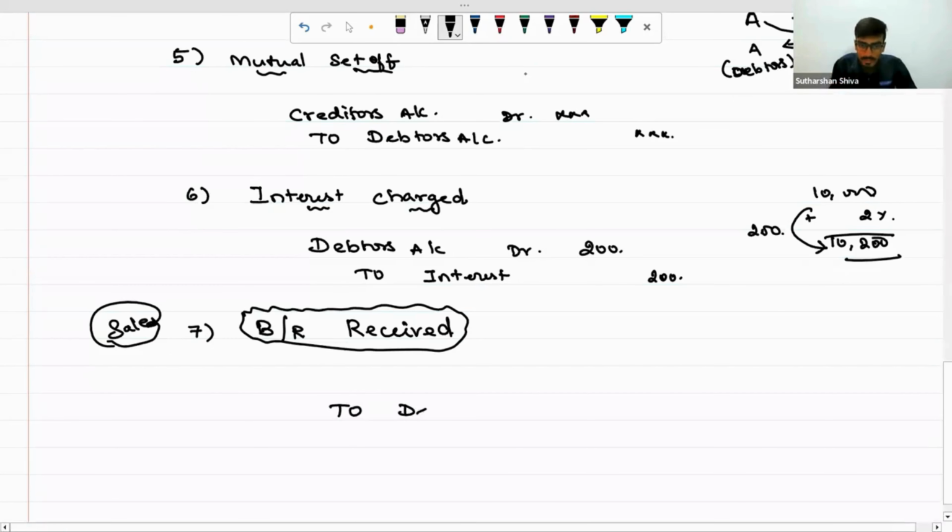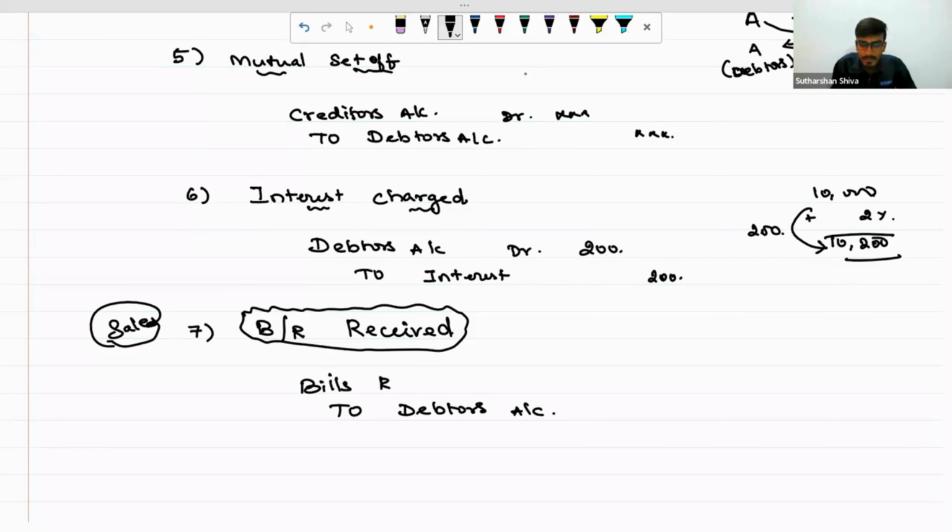So now my debtors will come down. Instead of cash, I have taken a bills receivable, so my bills receivable will act as my asset now. Instead of cash form, it is in another form of money, that is a bills receivable form.